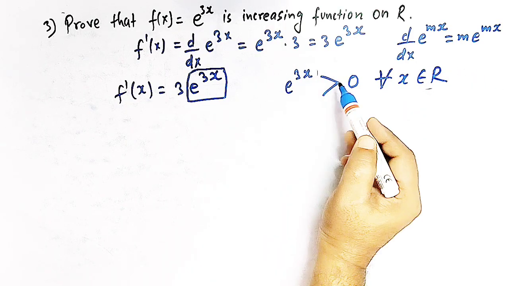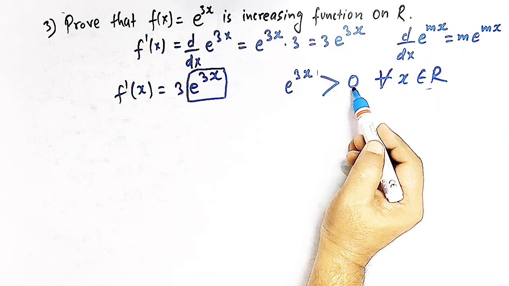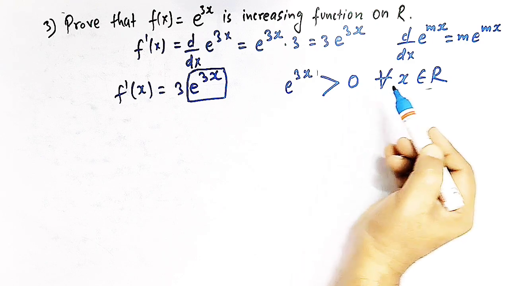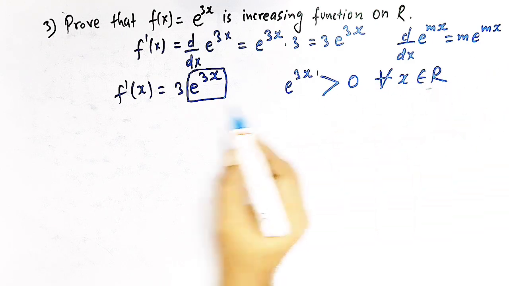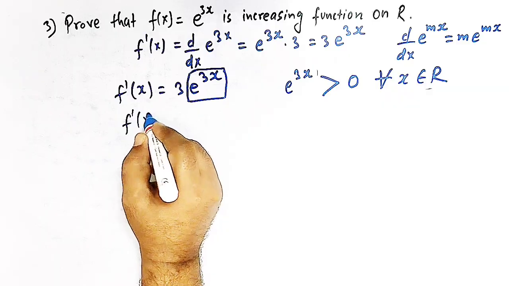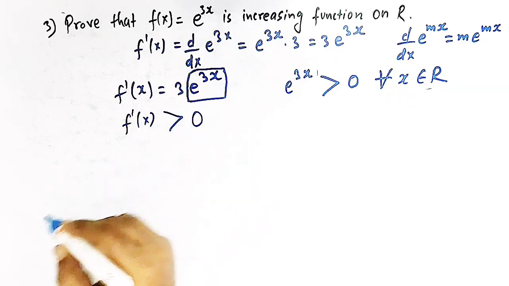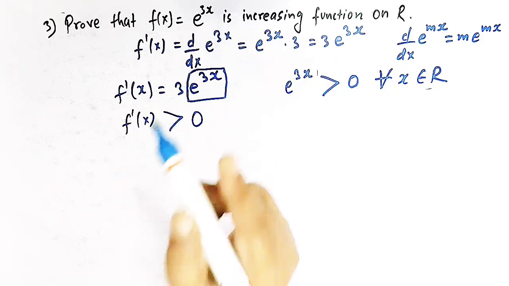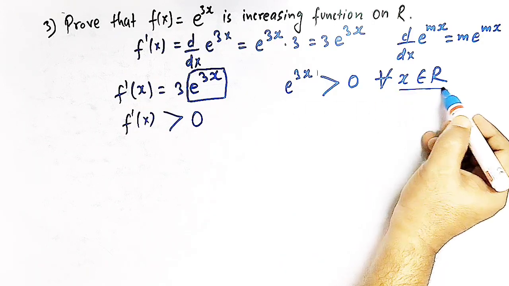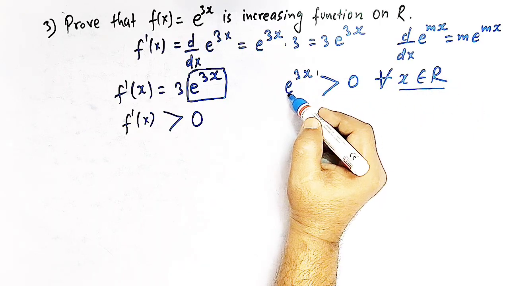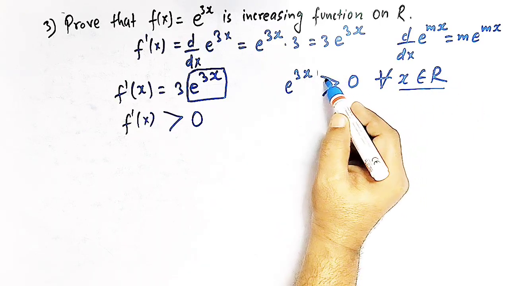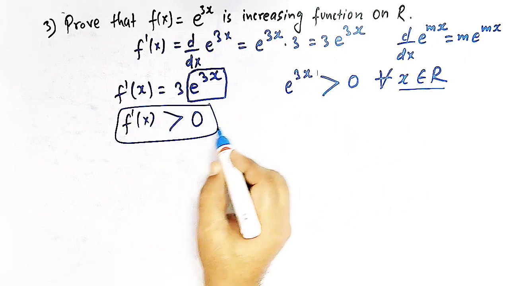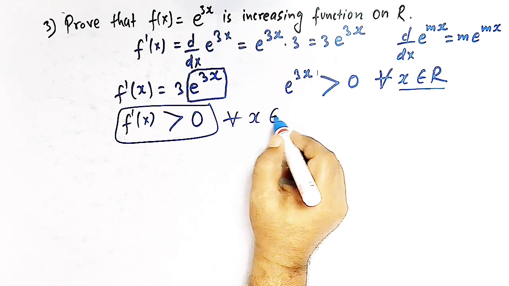The exponential function is always going to be positive, that is e raised to 3x is always going to be greater than 0 for all x belonging to R. So here f prime of x must be greater than 0, because 3 is positive and e raised to 3x is also a positive quantity for all x belonging to R. So f prime of x is greater than 0 for all x belonging to R.